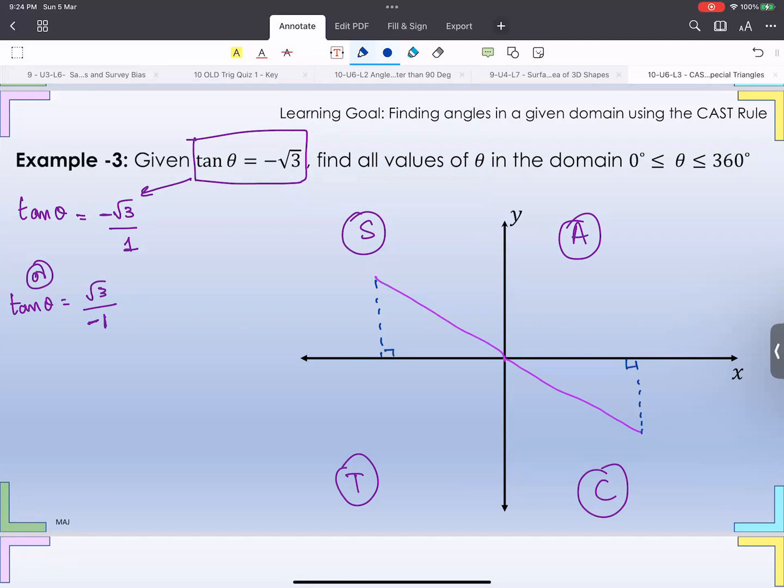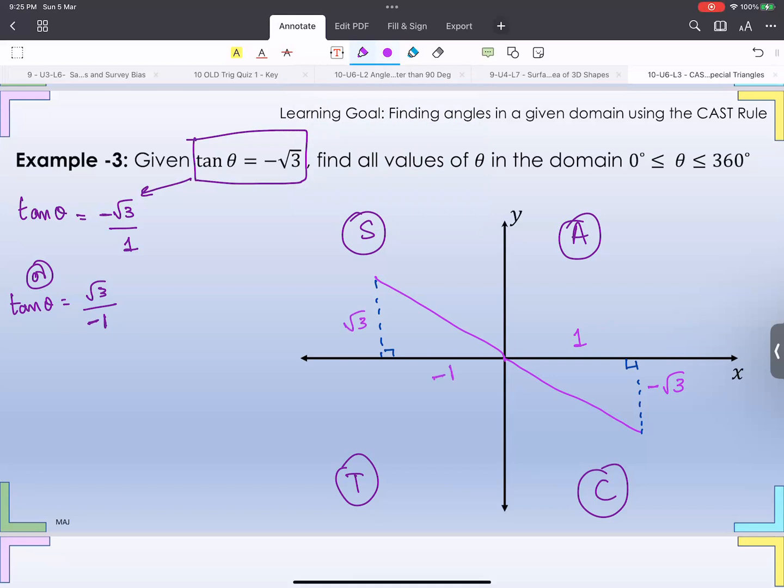So we can have opposite of negative √3 over here, so negative √3 and positive 1, or you can have positive √3 and negative 1.